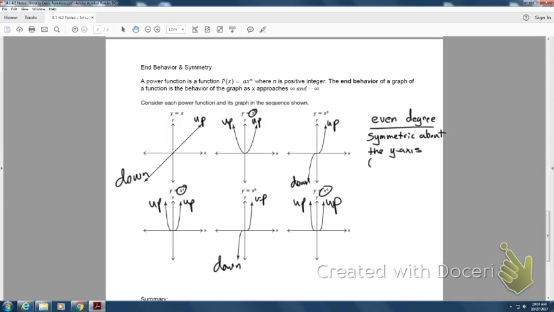Now that can change if it moves, but other ones can be symmetric around other vertical lines. We saw a lot of that in quadratics. If it is an odd degree, the examples that we have here are all symmetric about the origin.